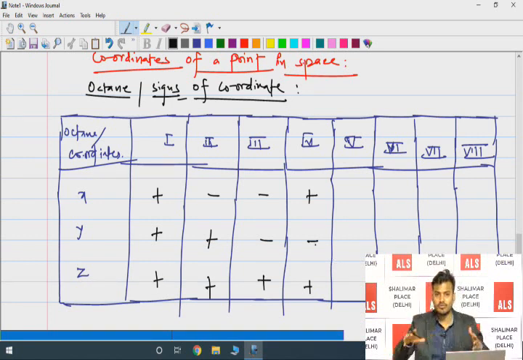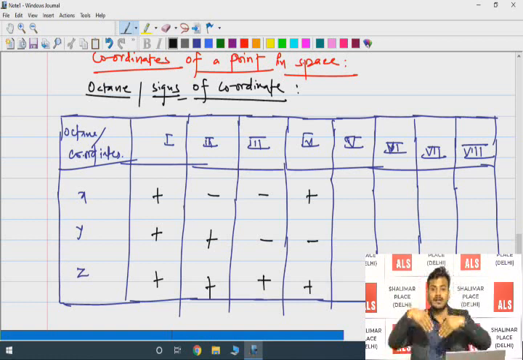If you have a room, you have divided it into all these 8 octants. So my request to you, this is very important to understand, this is plus plus plus, right? Basically this one is the outer plane, in the outer plane 1, 2, 3, 4 octants.